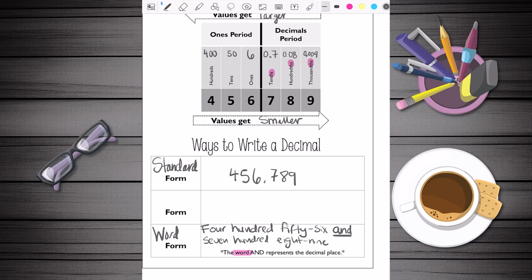And then at the end, it should say thousandths. We say it as if it was its own number, 789. And where it ends is the decimal name that it will have, 789 thousandths.